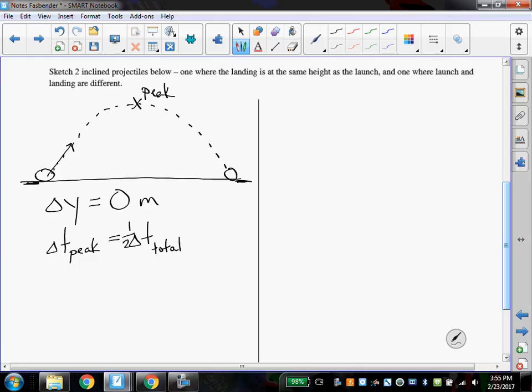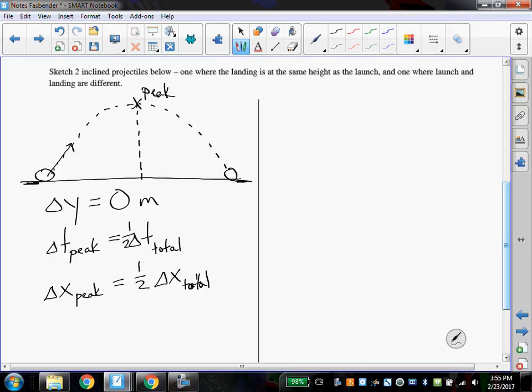And if we look at where this peak occurs in the x direction, that is 1/2 of the total range of the projectile. These are really interesting things to know because we can use this knowledge to our advantage as we solve problems. And we'll solve some problems in the next video lecture.